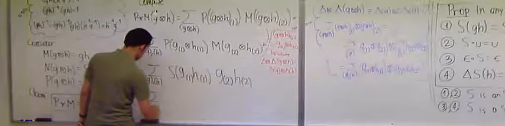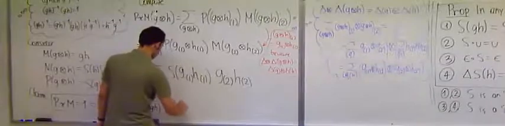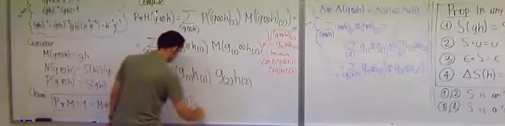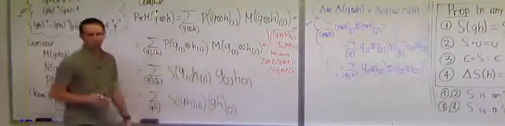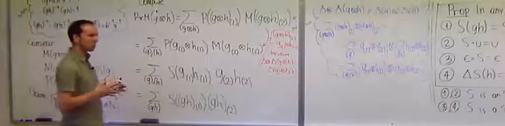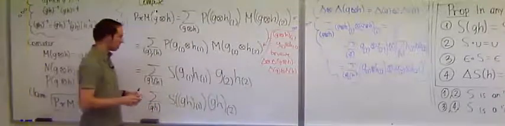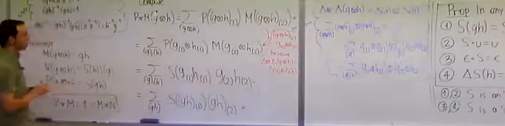And I claim that that's exactly how it is. At least they look similar. I hope this step looks similar to this one. So we're kind of undoing it, except that here we were doing it on the tensor product, and here we're doing it in the product. So it's like in a diagram, you're going one direction using the trick, and you're going the other direction using the same trick.